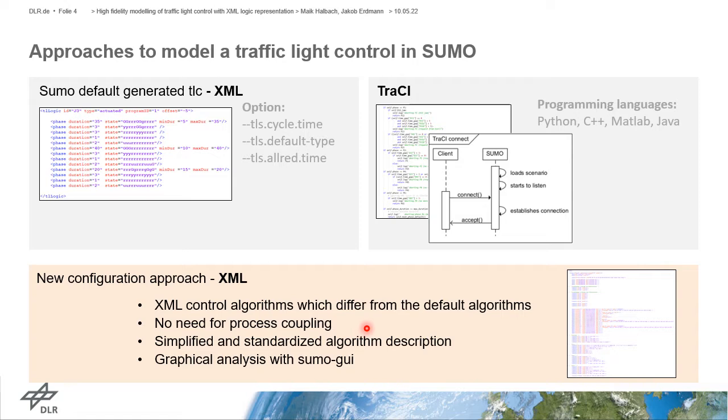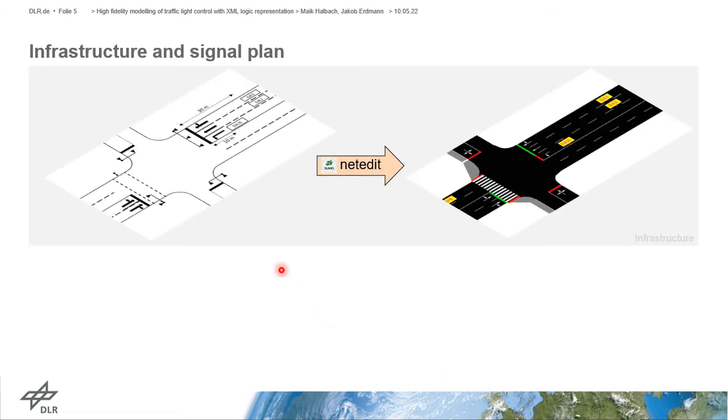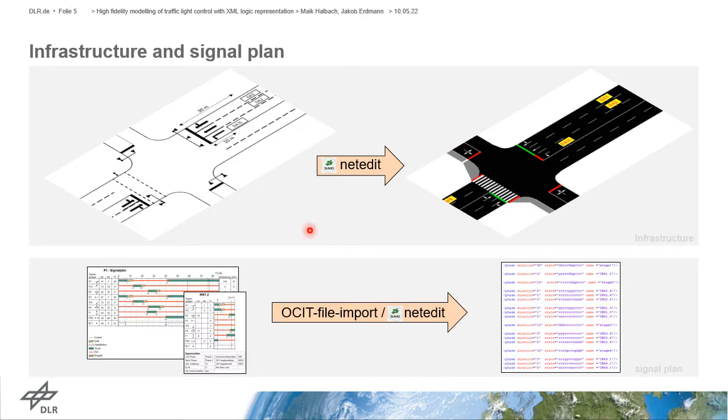And in the following slides, I want to show you briefly how to model traffic light control in the XML file with the new configuration approach. First of all, the infrastructure and all infrastructure elements have to be modeled with NetEdit. Second, we have to model the signal plan.